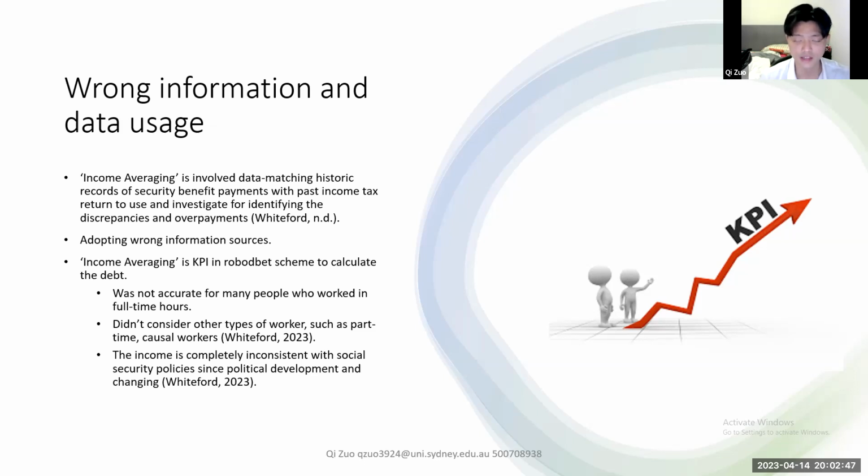Income averaging was the key calculation in the Robodebt scheme. There are some failure reasons for that: income averaging was not accurate for many people who don't work full-time hours, and it didn't consider other types of workers, such as part-time and casual workers. The income is also completely inconsistent with social security policy, since the policy has been changing over the years.